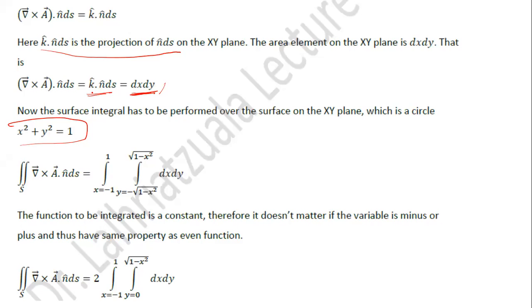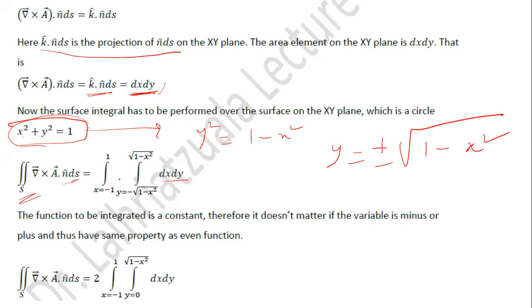So in this surface integration, instead of this, we write dx dy, and the limits have to be chosen according to this, which says y squared is equal to 1 minus x squared, or y is equal to plus or minus square root of 1 minus x squared. So you perform the integration from minus the square root of this to plus this, and then x goes from the back side of the radius, that is x equal to minus 1, to x equal to 1. So you perform that integration.